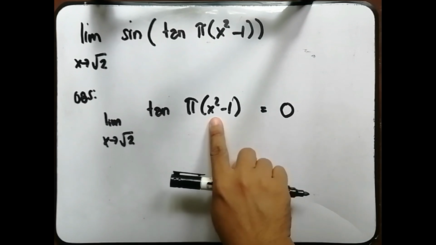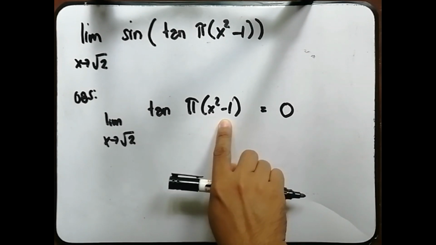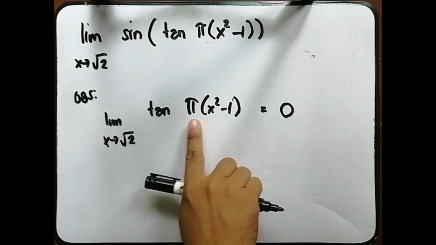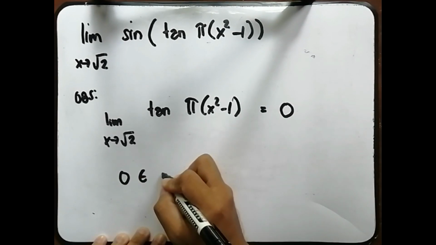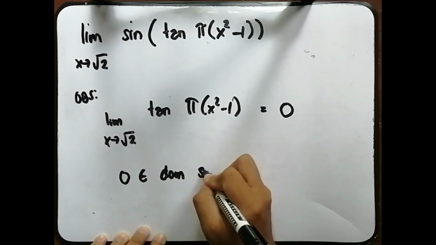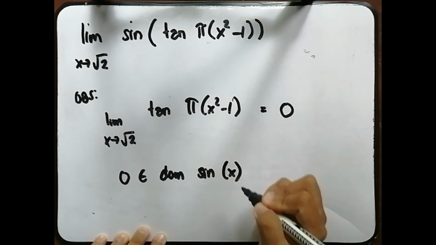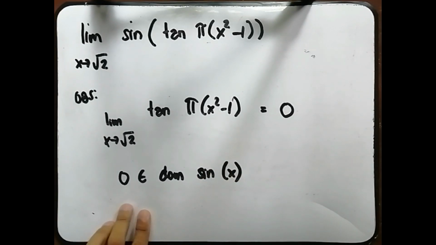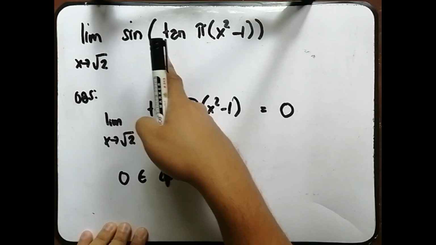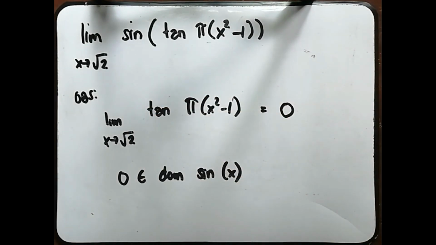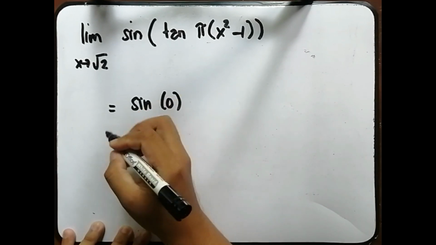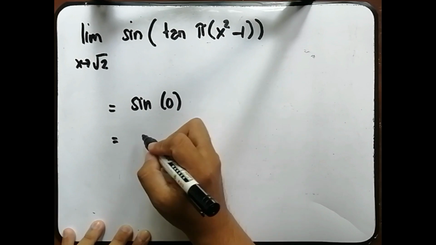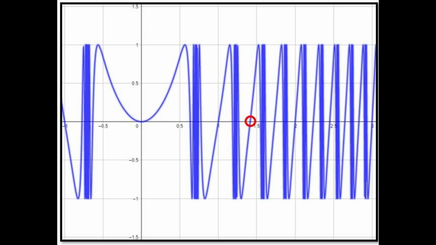Tama? Square root of 2 squared minus 1. So 1 times pi. Tan pi is 0. And 0 is element siya ng domain ng sin x natin. Okay? So by theorem 2, pwede nating ilagay lang yung 0 doon sa g of x natin. So we now have sine of 0, or that is equal to 0.